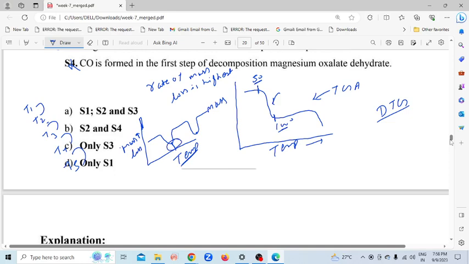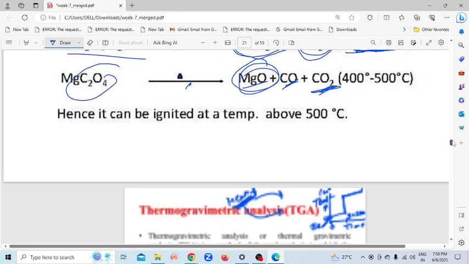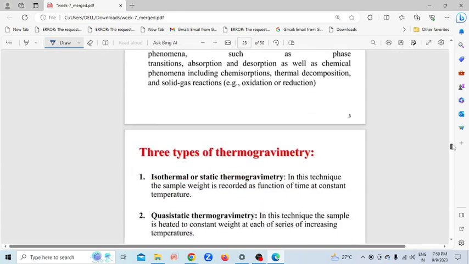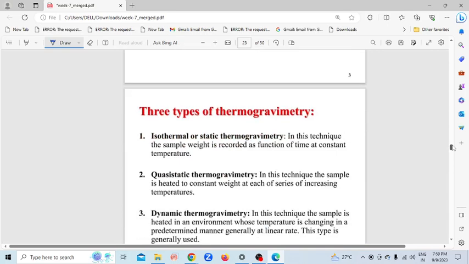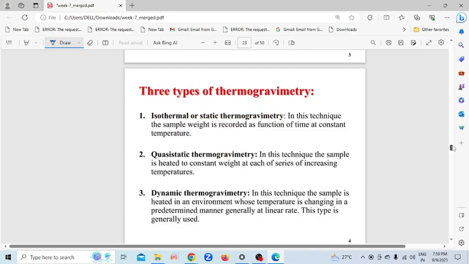It will be covered by dTg. So this is clear. Then we will discuss a little bit about three types of thermogravimetry.